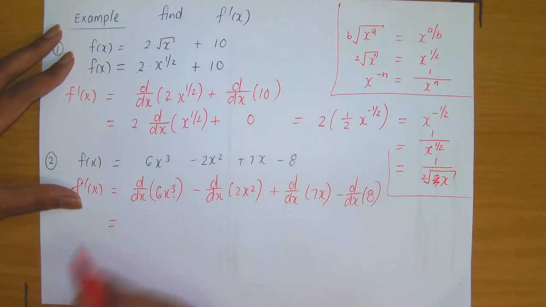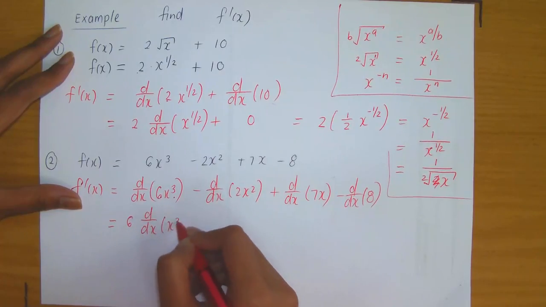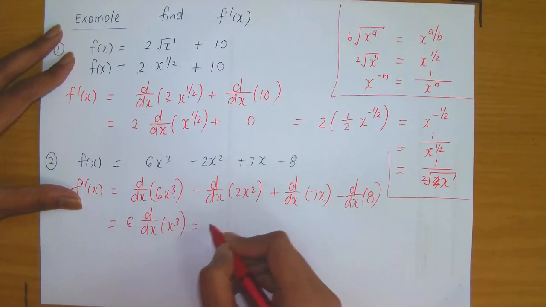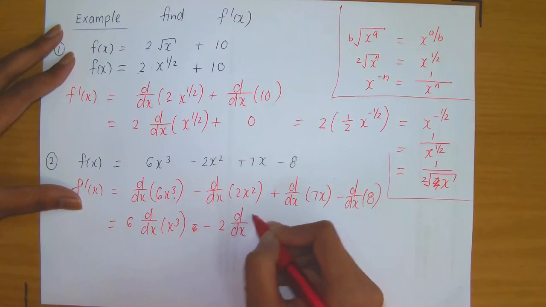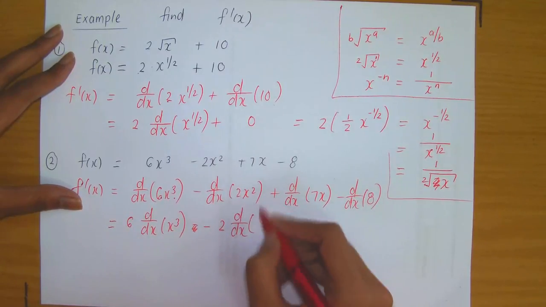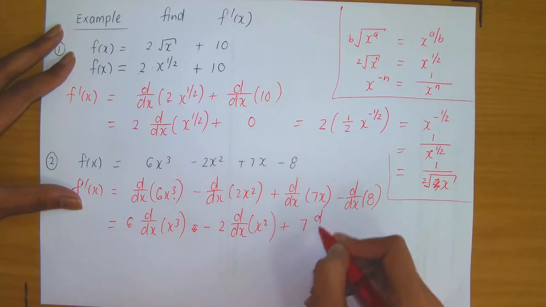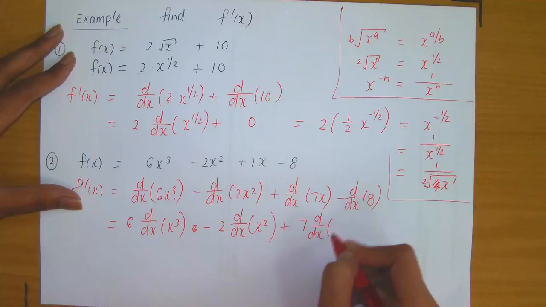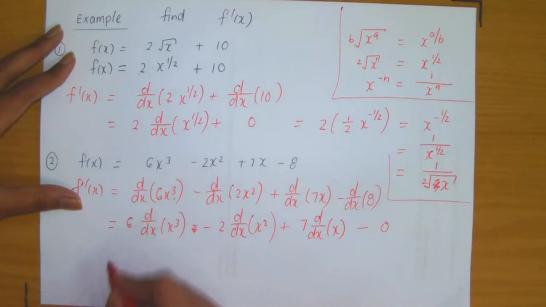So now I've got a constant times a function, so that's 6 times the derivative with respect to x of x cubed. Similarly here, constant times a function, 2 times the derivative with respect to x of x squared. Similarly here, 7 times the derivative with respect to x of x. And here the derivative of a constant is 0.